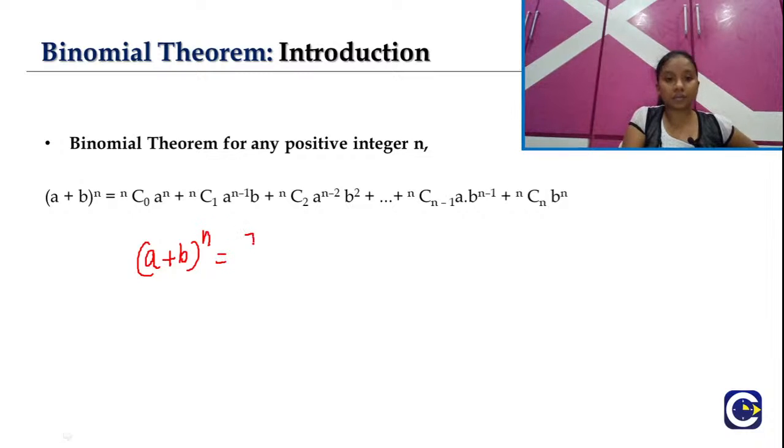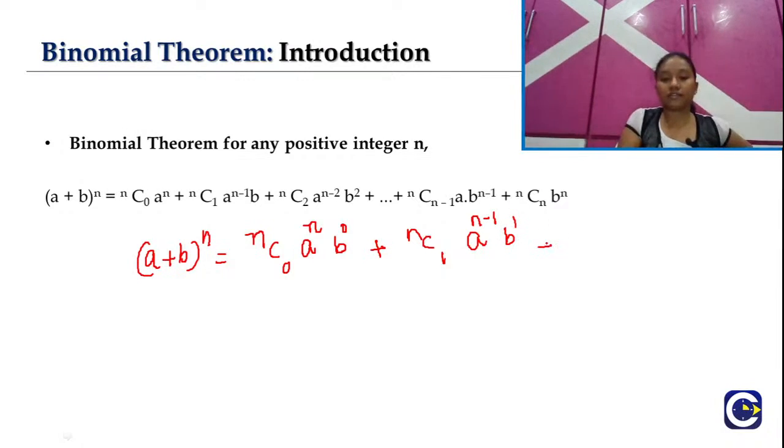The coefficient will start from nC0, and the power of a will start from the index, so it will be n, and the power of b will obviously be 0. For the next one, nC1, a power n minus 1, b power 1. For the next one, nC2, a power n minus 2, b power 2. And the next one, nC3, a power n minus 3, b cube.